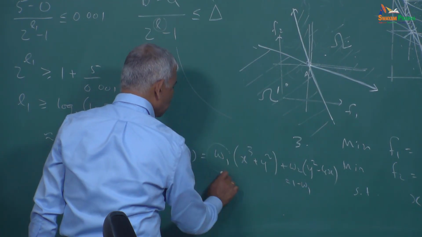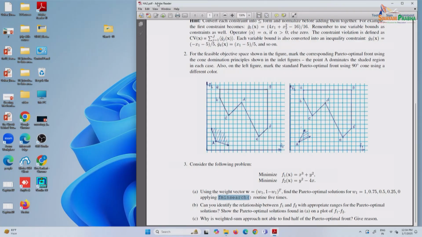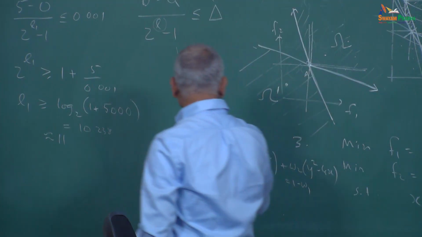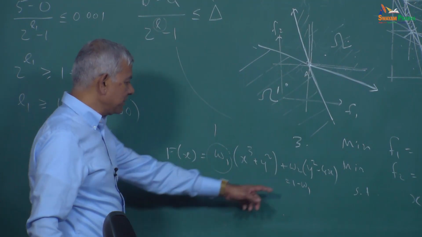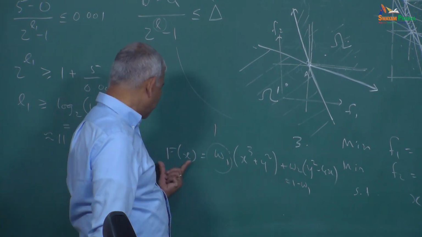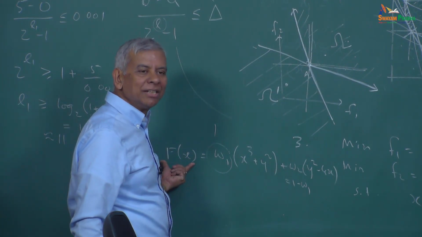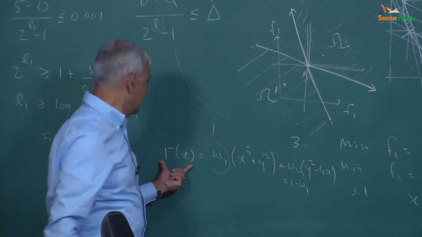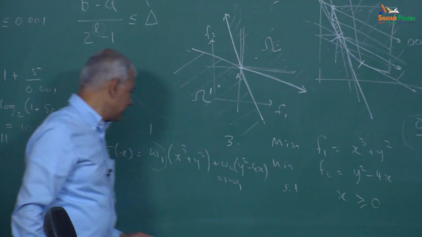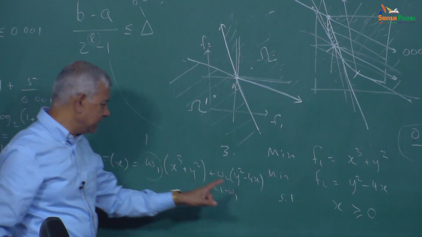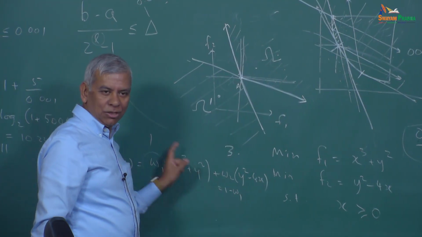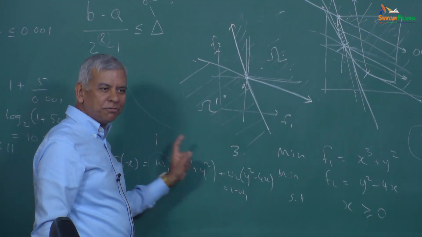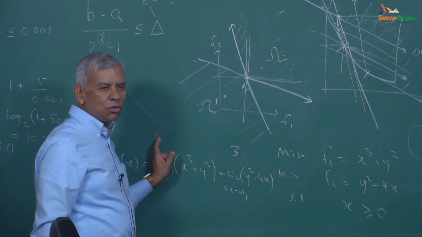You choose W1, and I've given you 5 values: 1, 0.75, 0.5, 0.25, 0. First you use W1 equal to 1, so the second term becomes 0, and you optimize this function using fmincon with this constraint. Then you use 0.75, then W2 will be 0.25. Then 0.5 and 0.5, then 0.25 and 0.75, then 0 and 1.